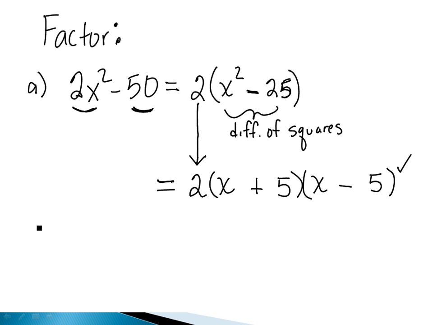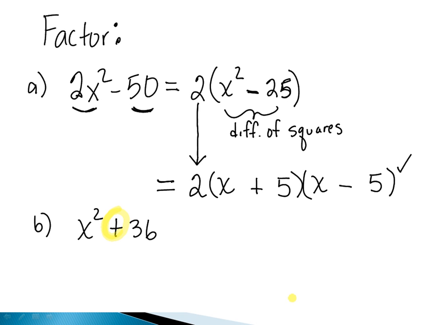Let's try one more. B. Let's factor x squared plus 36. GCF? No GCF. Is it a difference of squares? No, it is not. Why isn't it a difference of squares? Because there is a plus sign in the middle.